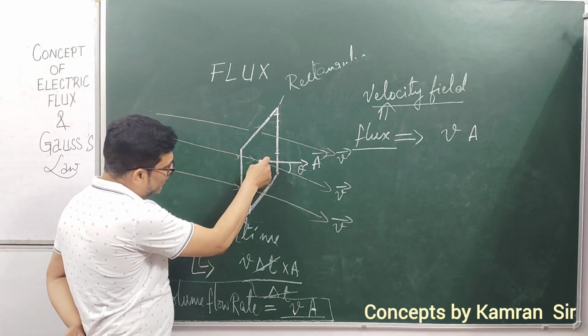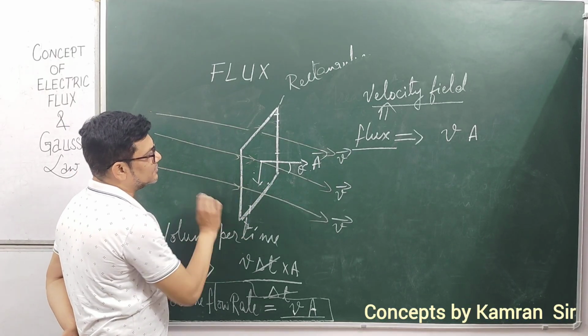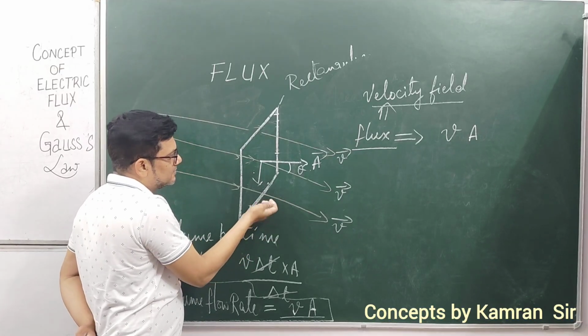And we know that the component perpendicular to the area vector is not passing through. So what is passing through?